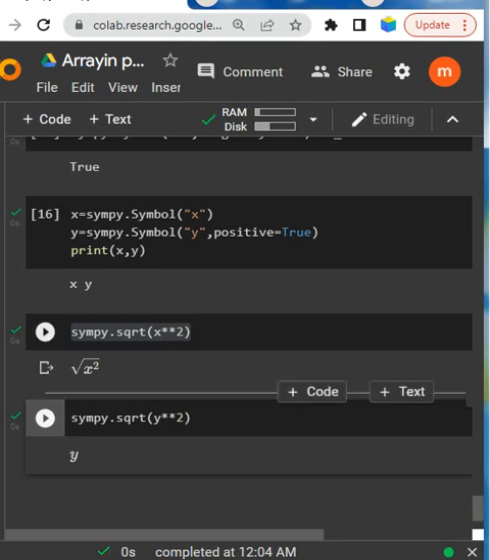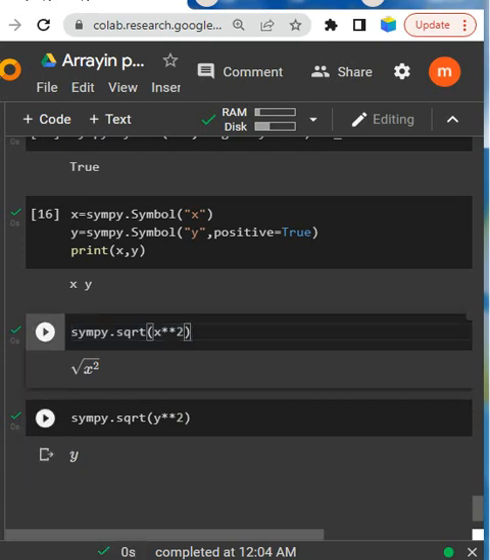But it has been printed only y. So sympy.sqrt and y squared. Why does it look different?